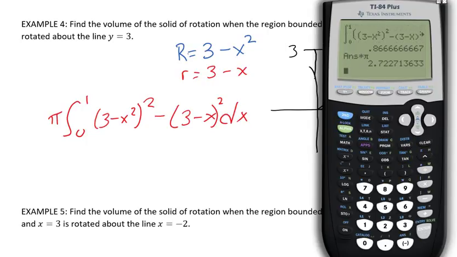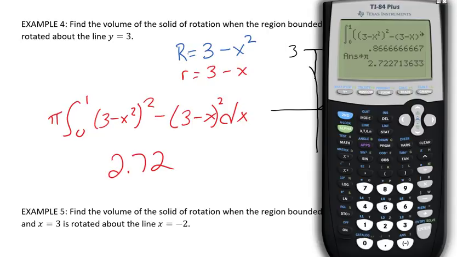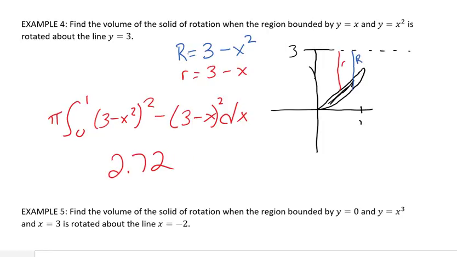So that would give us a volume of 2.722, or 2.723 would be acceptable as well.